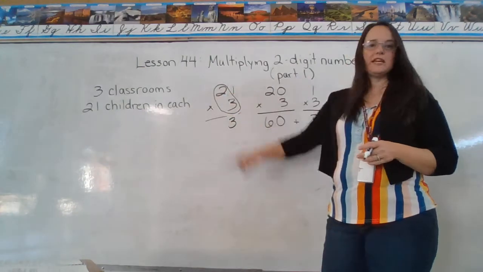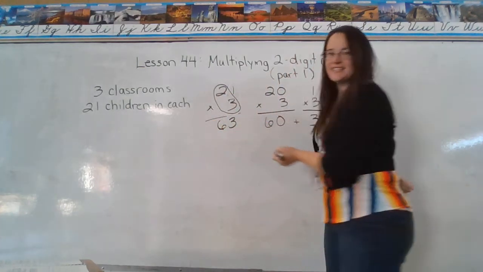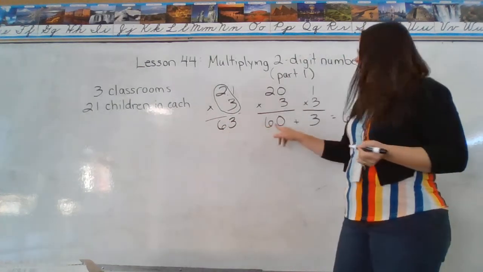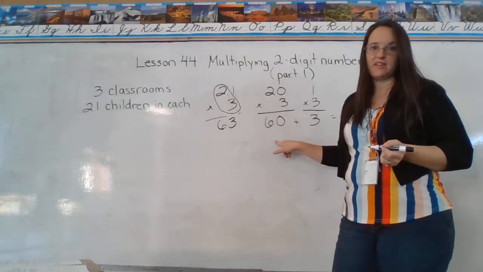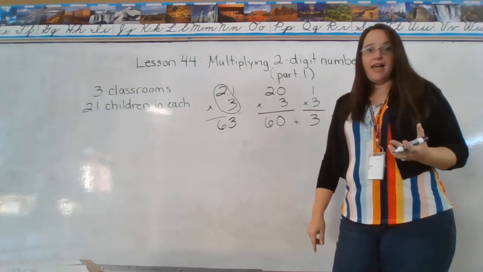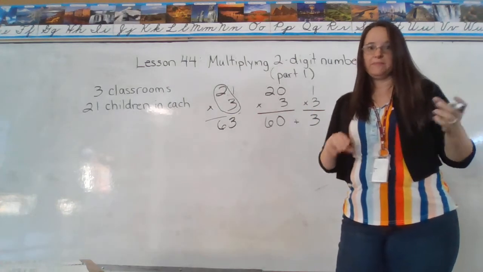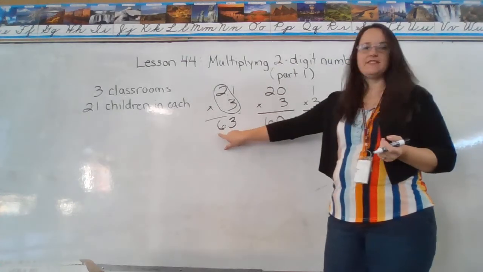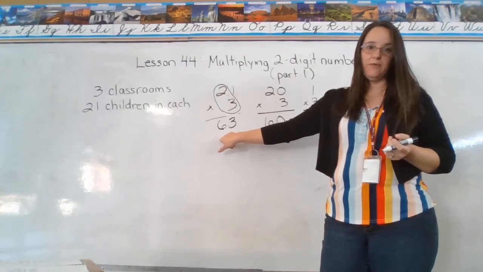So when I do 2 times 3, I'm going to write the answer of 6. But look what place value it goes in. It ends up in the tens place, which is exactly where it needs to be, because I'm doing 20 times 3 instead of 2 times 3. So in your mind, you're thinking about just the basic multiplication fact, 2 times 3. But since we've already multiplied our ones first, we leave the space open in the tens place, which is exactly where our answer needs to go.